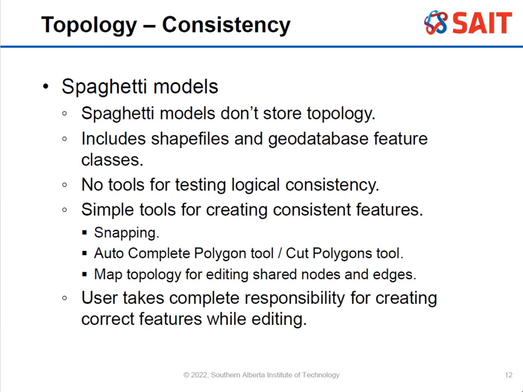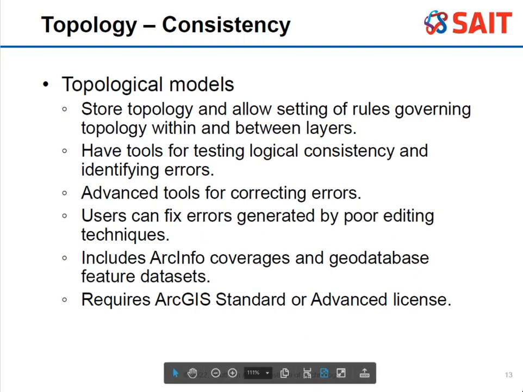You can also use map topology for editing shared nodes and edges. But really, with a spaghetti model, the user is taking all of the responsibility to create the correct features when you're editing. And we'll be doing some spaghetti model work in this class.